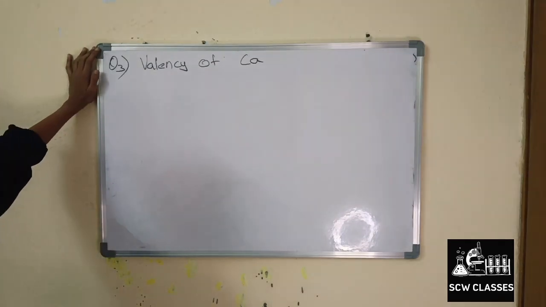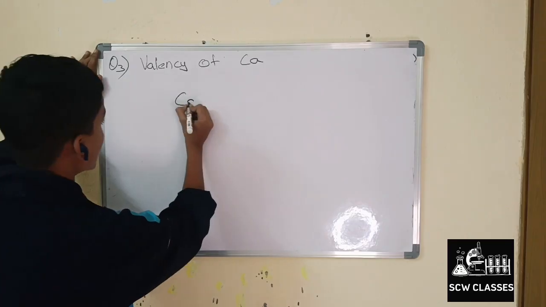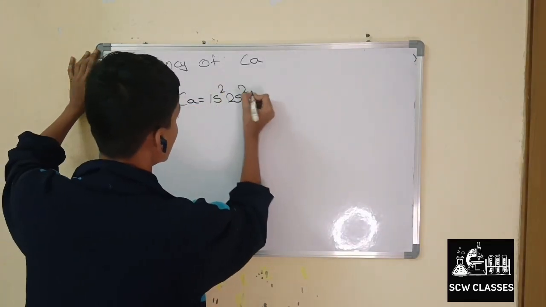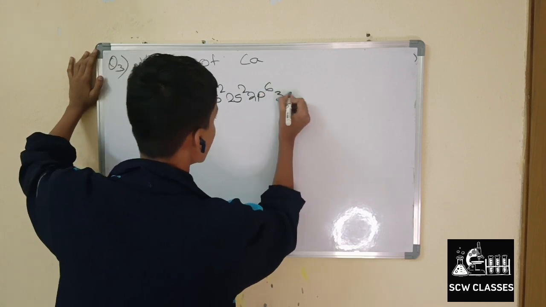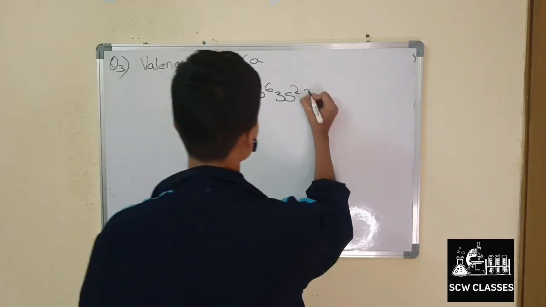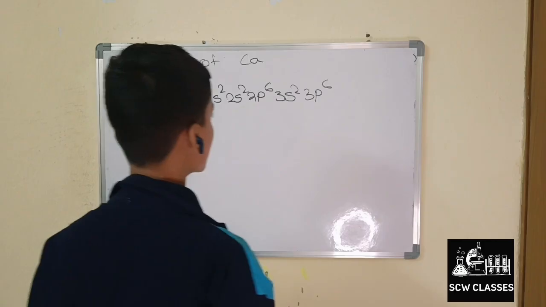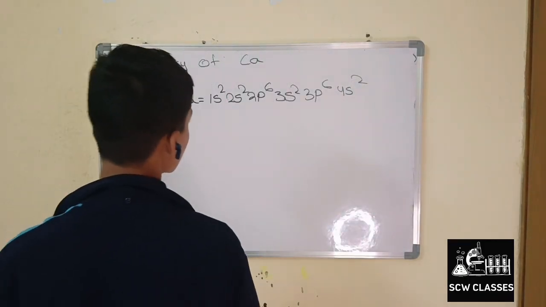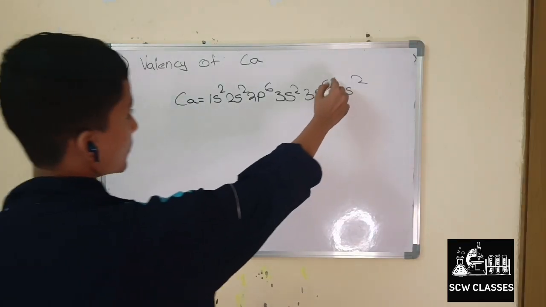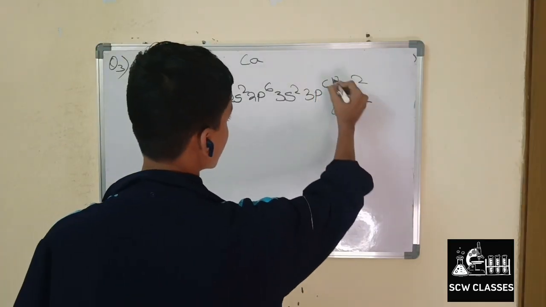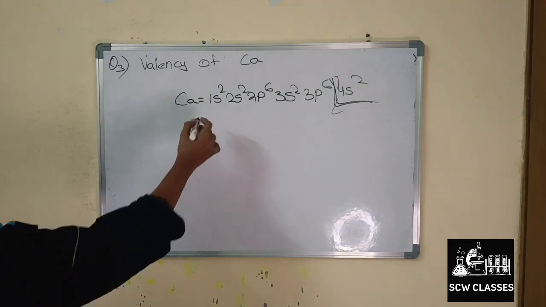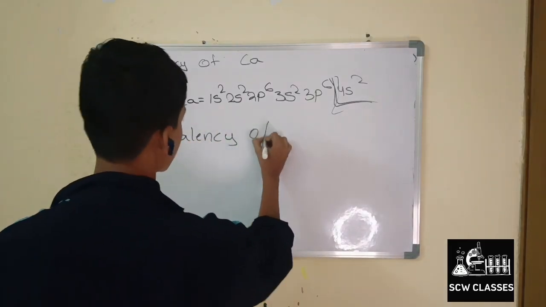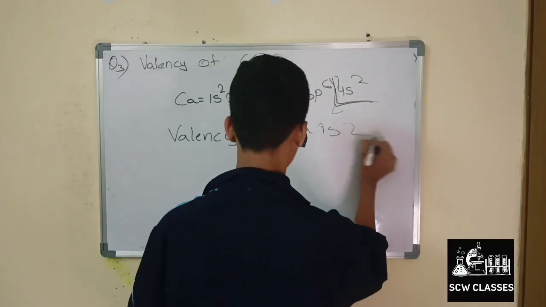So we write the calcium electronic configuration: 1s2, 2s2, 2p6, 3s2, 3p6, argon 4s2. Clear. It has two valence electrons. So the valency of calcium is 2.